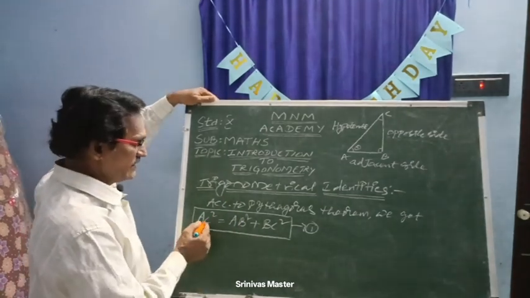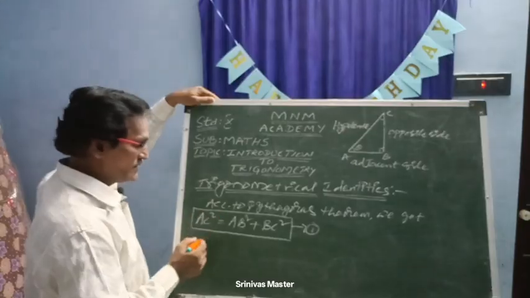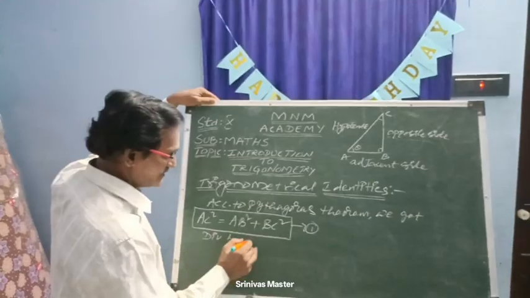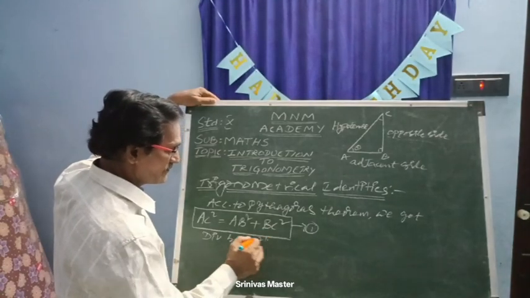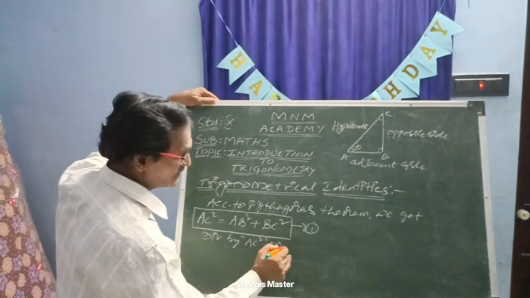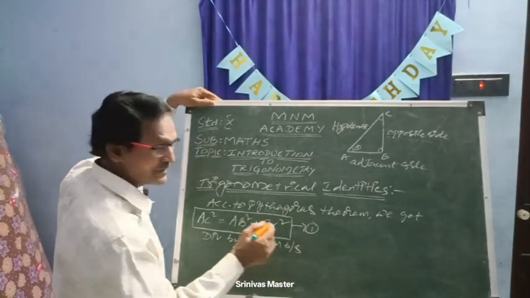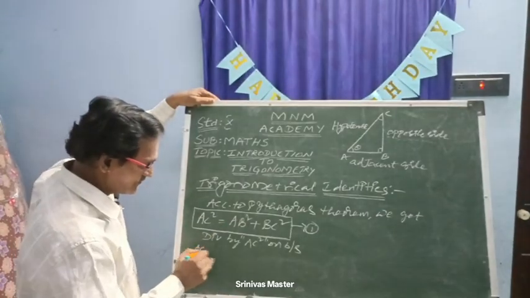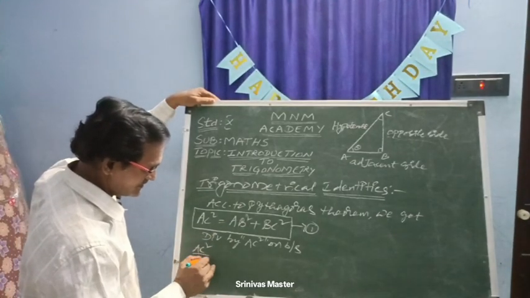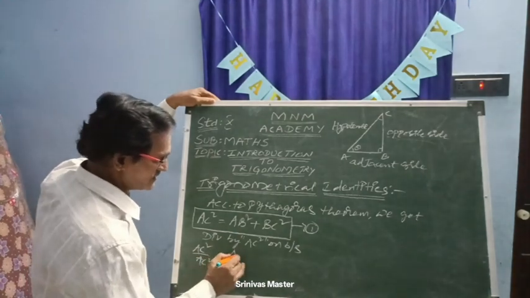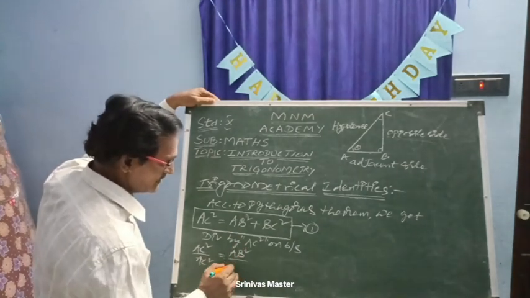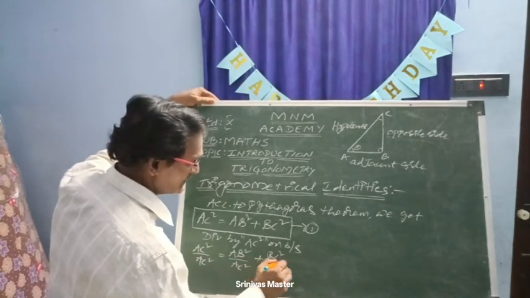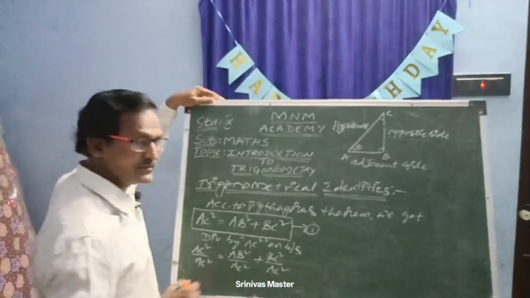First, dividing this equation by AC square on both the sides, we can write AC square by AC square equal to AB square by AC square plus BC square by AC square. Now just simplify.